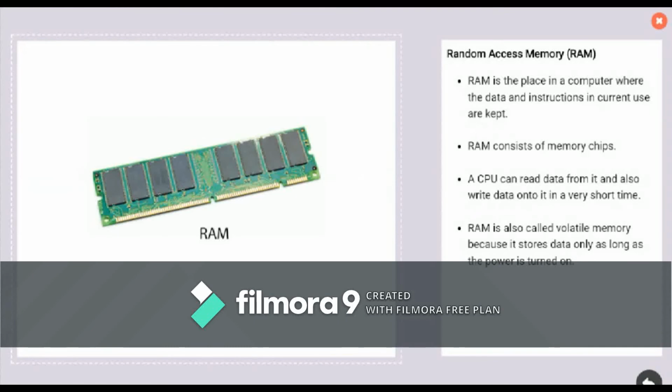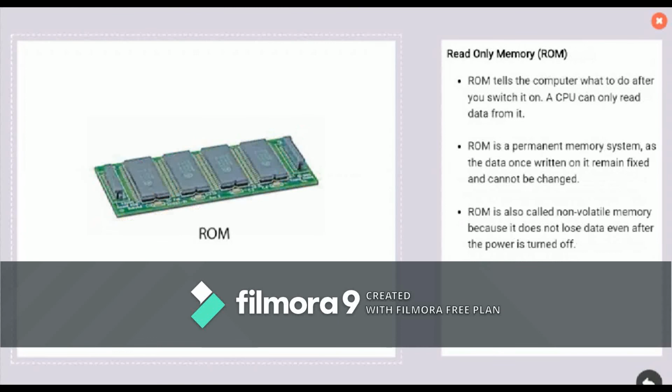The second type of memory is read-only memory. Read-only memory or ROM, R-O-M, tells the computer what to do after you switch it on. A CPU can only read data from it.